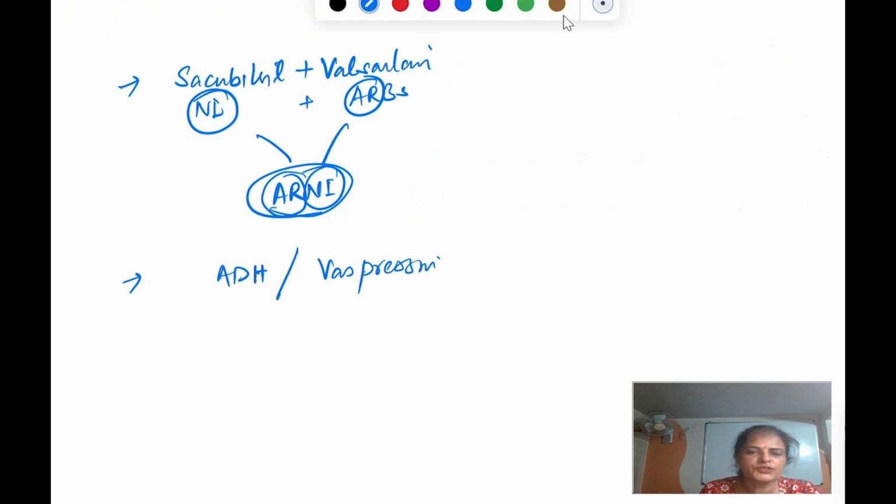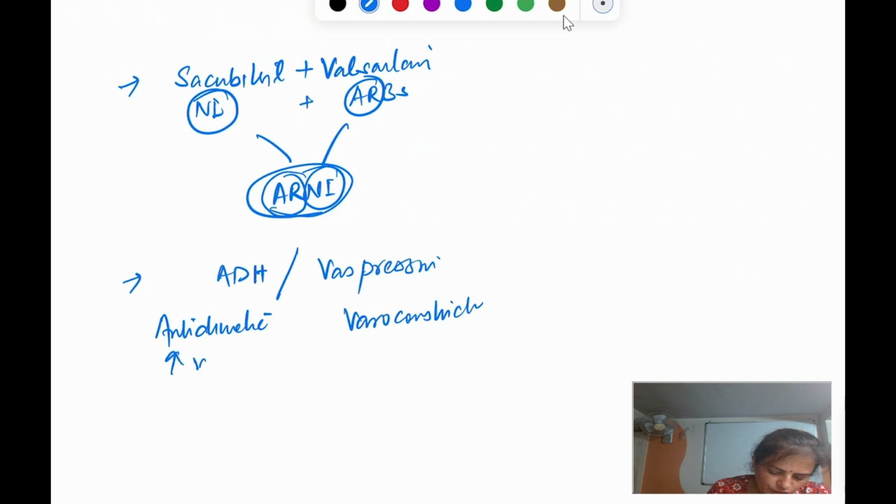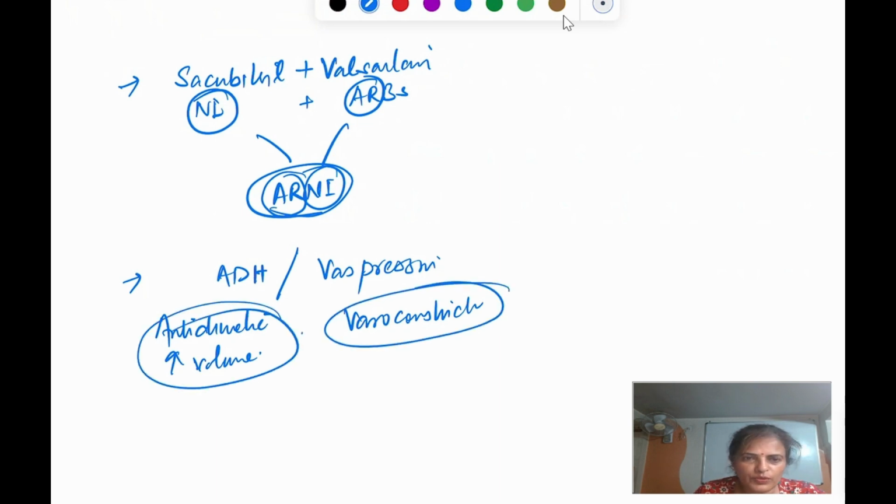Vasopressin is going to cause vasoconstriction, and ADH has the antidiuretic effect. So they are going to increase the blood volume. So these are two effects: vasoconstriction and increased volume overload.